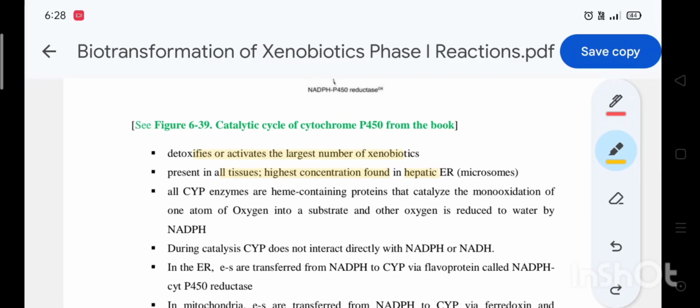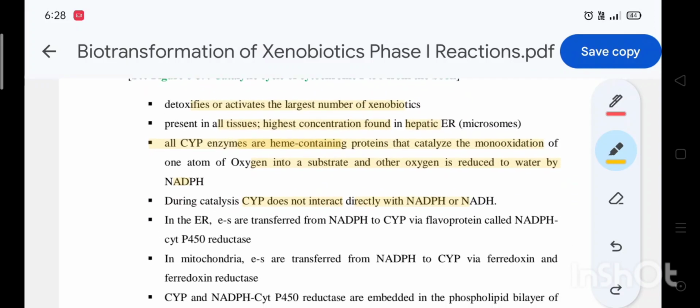All cytochrome P450 enzymes are heme-containing proteins that catalyze the monooxidation of one atom of oxygen into a substrate, and the other oxygen is reduced to water by NADPH. During catalysis, CYP does not interact directly with NADPH or NADH. In the ER, electrons are transferred from NADPH to CYP via NADPH cytochrome P450 reductase, and in mitochondria it is transferred via ferredoxin or ferredoxin reductase.